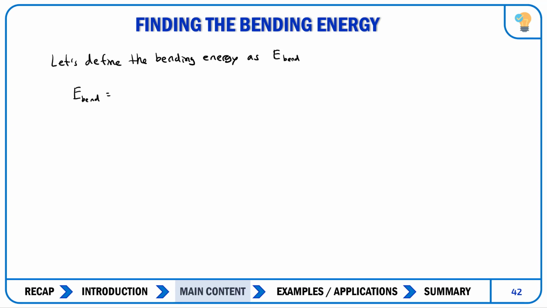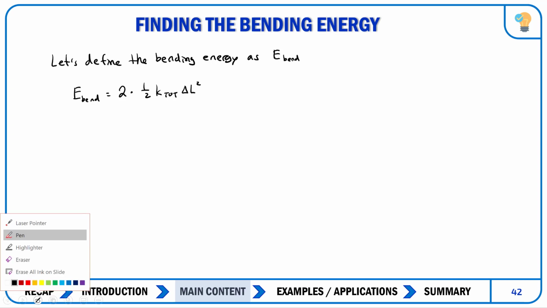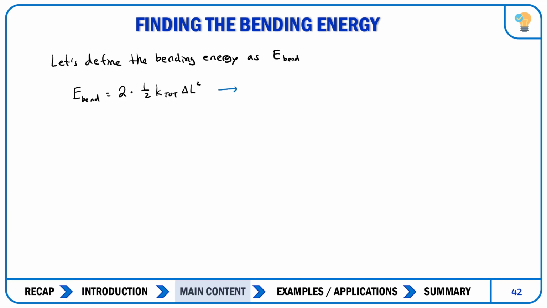I won't derive this fully, but the energy of bending is going to be 2 times 1/2 K total times delta L squared. So what does this tell us, and where is it coming from?